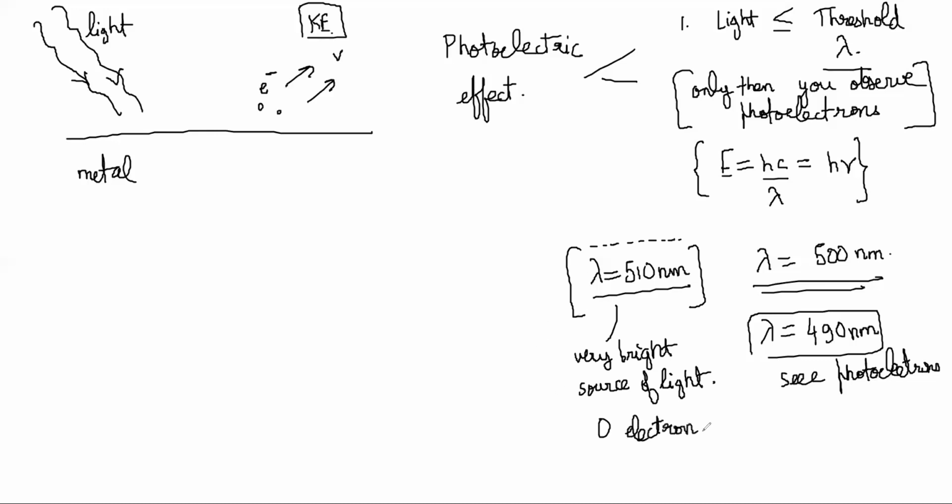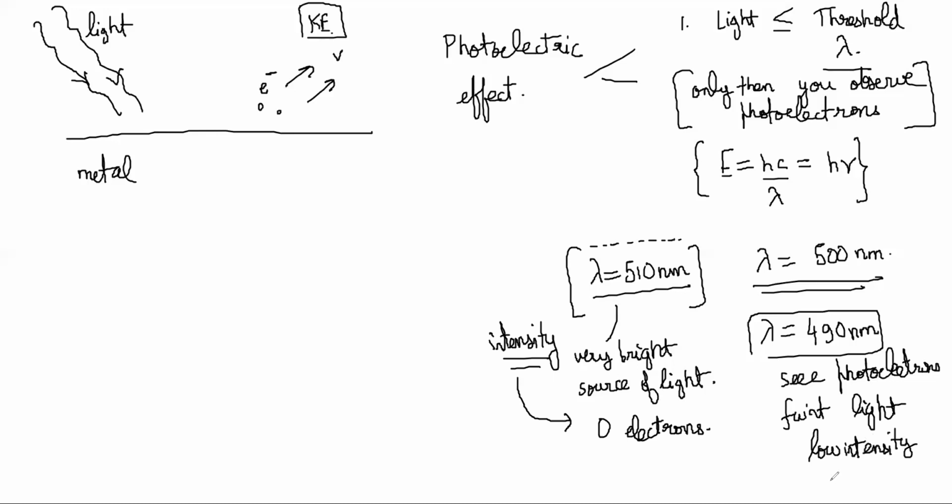No matter how intense the beam is, if it has a wavelength above 500, it will not be able to eject even one electron. And even if you take very faint light, like a small pencil light or torch with very low intensity, if its wavelength is 490 nm, electrons will be emitted.